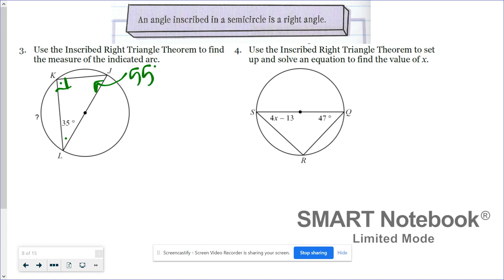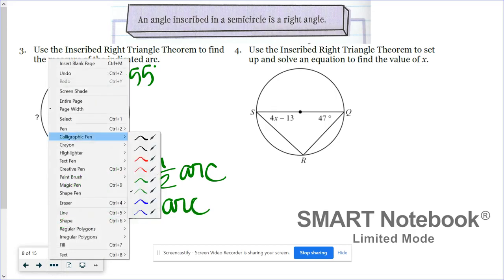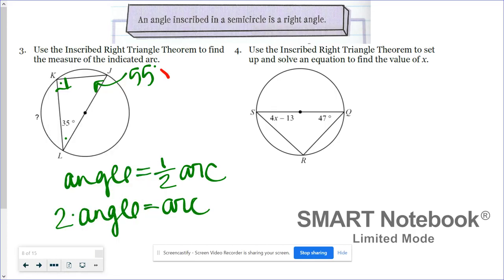When it comes to arc KL, I know the angle, so I can use the formula that 2 times the angle is equal to the arc. 2 times the angle gives 110 degrees, and that's the measure of the arc they asked me to find.